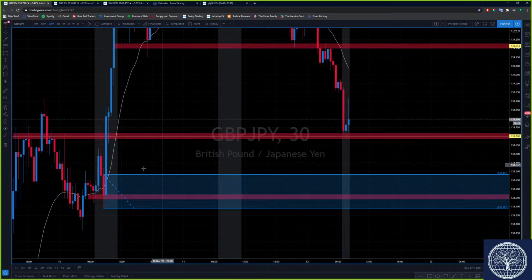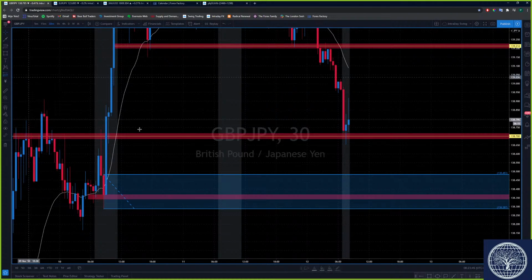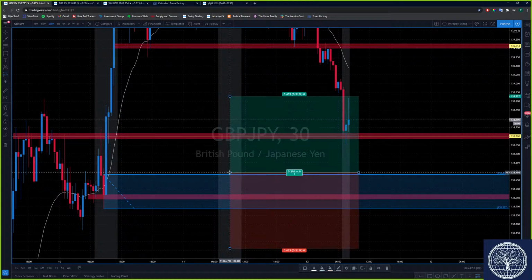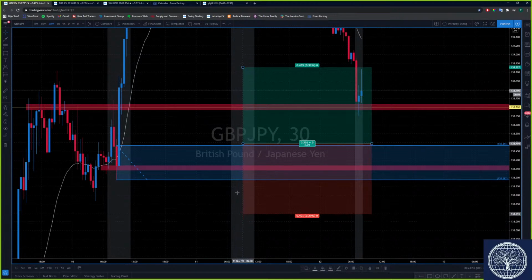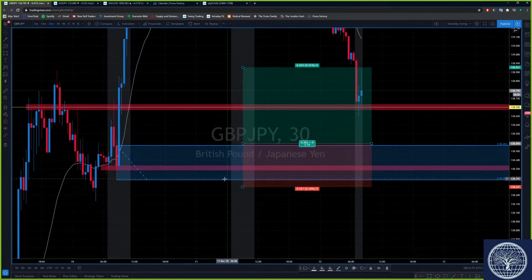If this is a demand zone, then you know that if price comes to this line or inside this box, there'll be a lot of buying orders. So you already know that your stop loss should go below this line, because if price breaks this line, then you know the demand has been broken.